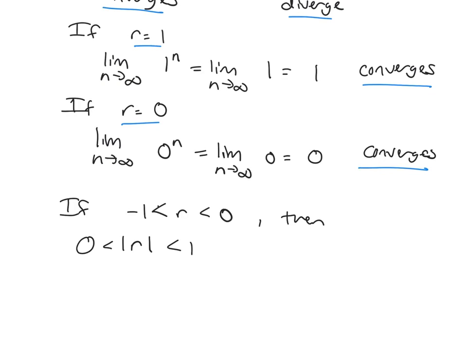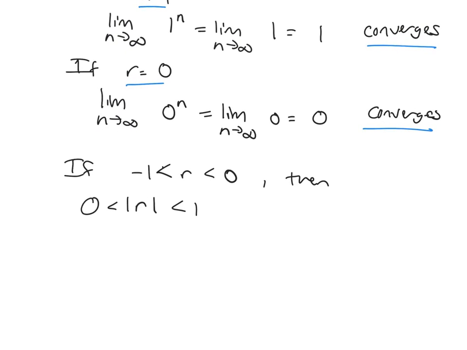Yeah, -1 to the n over n. You take the absolute value. That's a way of dealing with negative signs. So I'm looking at the limit of r to the n. This is the same thing as the limit of the absolute value of r to the n.